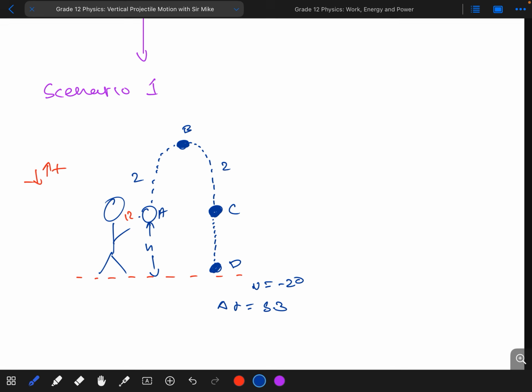So we would know that it reached point C after 4 seconds, which is 2 plus 2. So that's 2 seconds, and that's 2 seconds there as well.